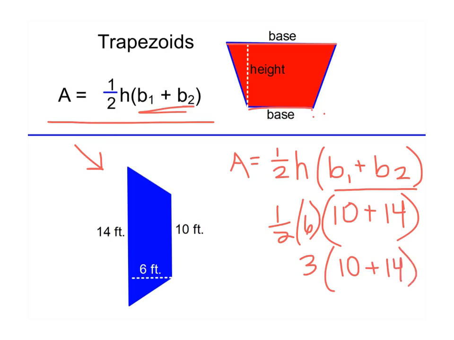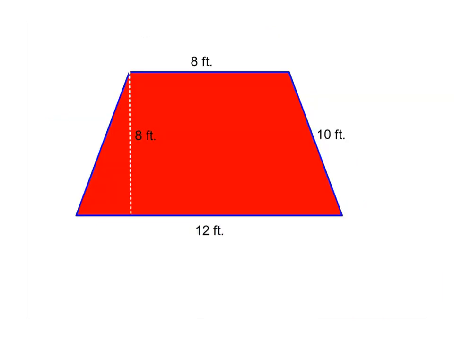So 10 and 14 are going to add up to 24, and we're multiplying that by 3. So 3 times 24 would give us 72, and we're talking about feet here. I'm going to run out of space. I'm going to write it over here. So 72 feet squared. Okay, let's try one more.